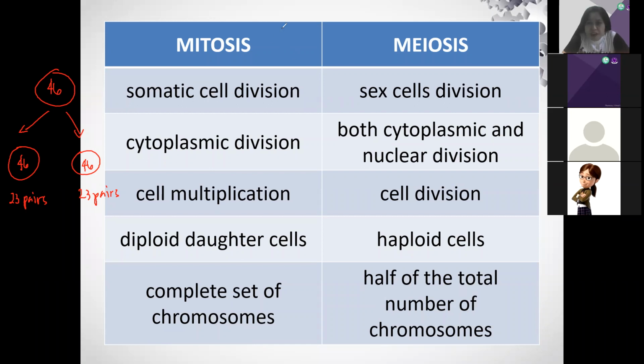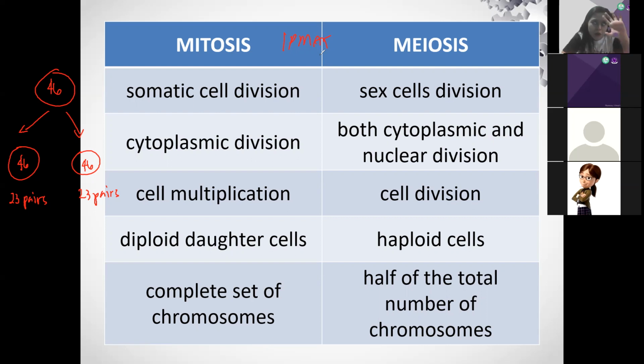So, pero parehas sila ng phases, the IPMAT. Interphase, prophase, metaphase, anaphase, and telophase. So we have interphase and prophase during the preparation of the division, and then sa metaphase, this is where the chromosomes will be visible in the metaphase plate doon sa center. And then anaphase yung magde-divide sila and hihilain.